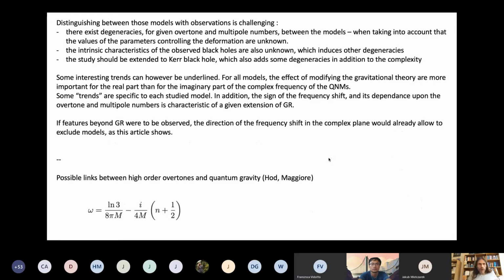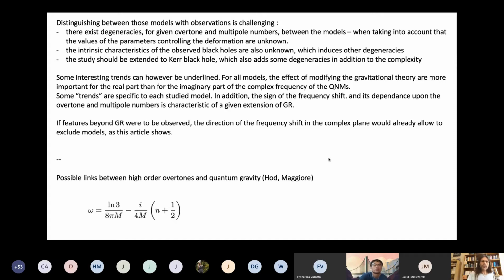So to conclude on this, I would say that distinguishing between the models I have just sketched with quasi-normal modes is very challenging. First, because there exist many degeneracies for given overtone and multipole numbers between the models, when taking into account, of course, that the values of the parameter controlling the deformation are by definition unknown.